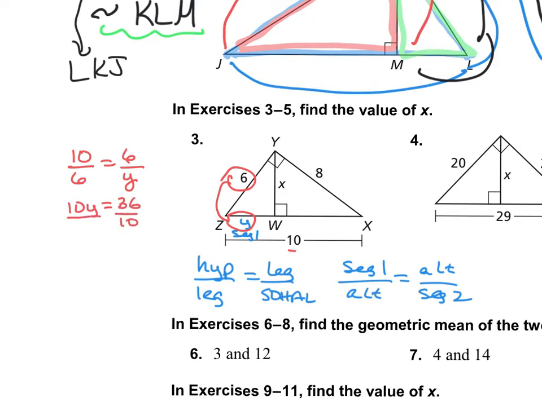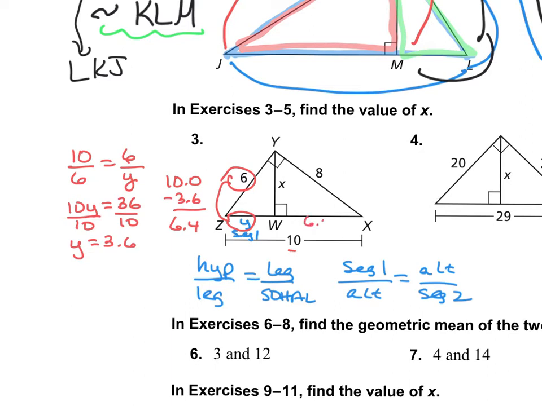I'm going to divide by 10. And Y equals 3.6. So that's my segment 1 now. To find segment 2, I'm going to do 10 and subtract 3.6 from it, and I get 6.4.